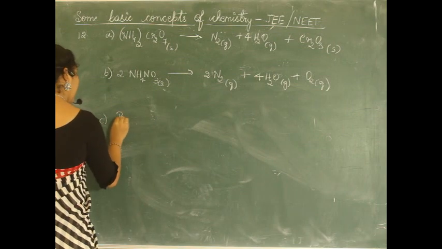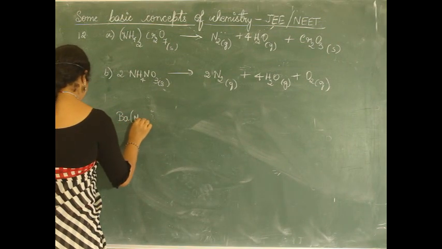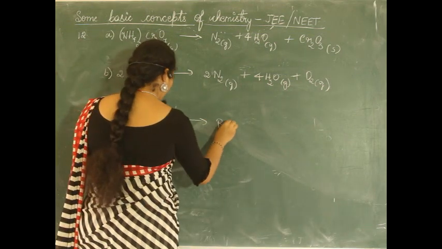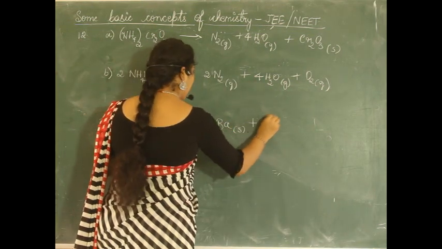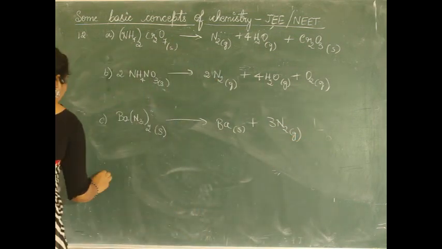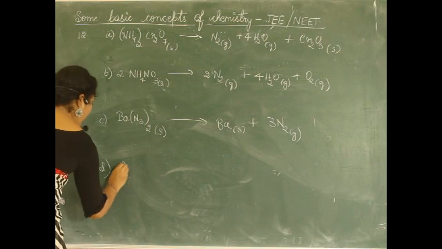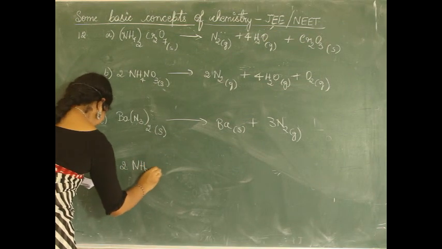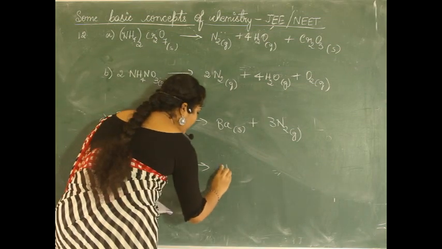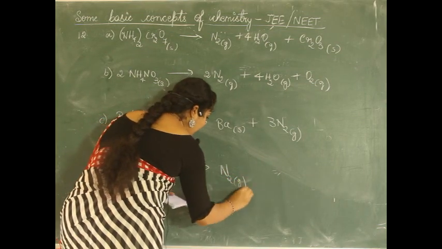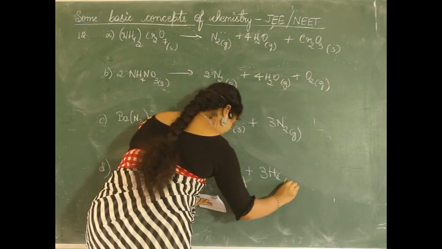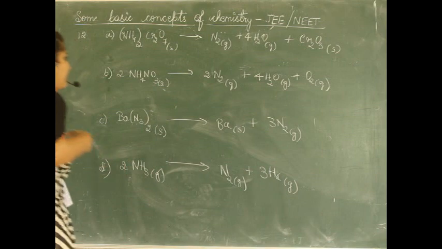Next option is barium nitride, which decomposes as barium and 3 moles of nitrogen. The last option is 2NH3, that is ammonia, which decomposes into nitrogen and hydrogen.